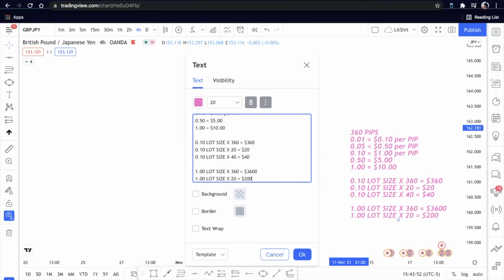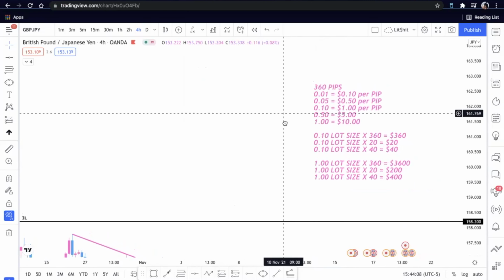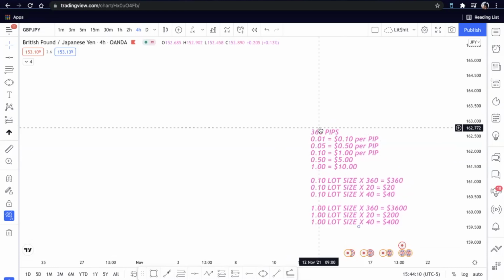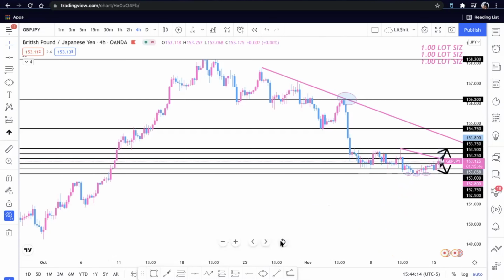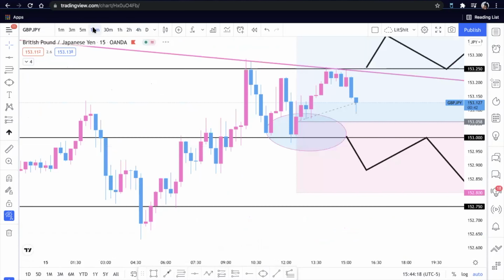Okay, so $200 a day is not bad. 1.00 lot size, let's say you're going for 40 pips, it would have been $400. $400 a day is not bad, y'all. So I just want y'all to see, like, the pips, that is how we calculate the measurements in the foreign exchange market.